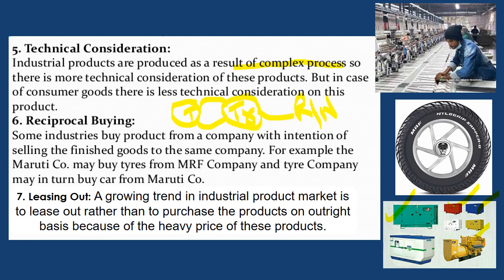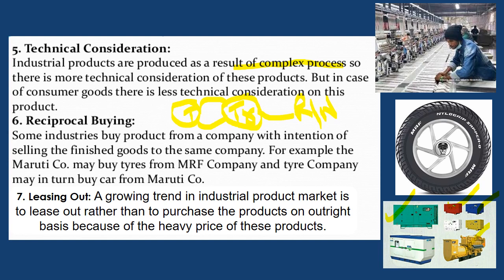So the raw materials have to come from different places. Second thing, there's a lot of technology, plants and machineries that has to be used. So technology-wise, are you using less technology or more technology? Definitely you're using more technology, and it's a complex process when it comes to industrial goods.